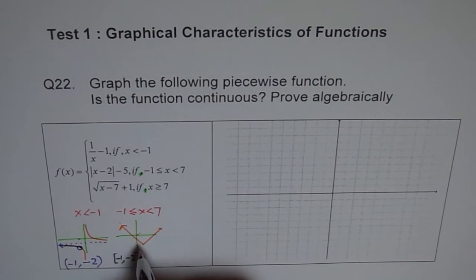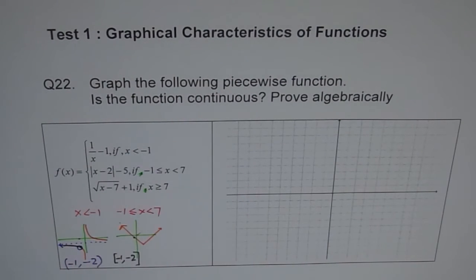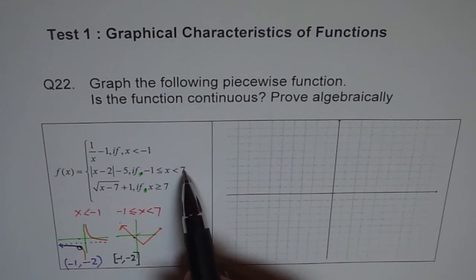So let us say this is my minus 2, at minus 1. So it is starting from here. As you can see, this actually fills in the hole. So at this point, we are continuous. Do you see that? So this piece actually overlaps the first one. Perfect.